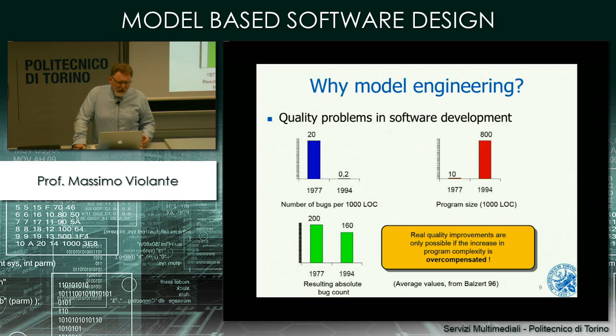This means that if we project this data today, we still have the same troubles. We have code with tens of millions of lines of code, and so we have thousands of bugs. And if we want to deliver our product on time, we have to fight against them.